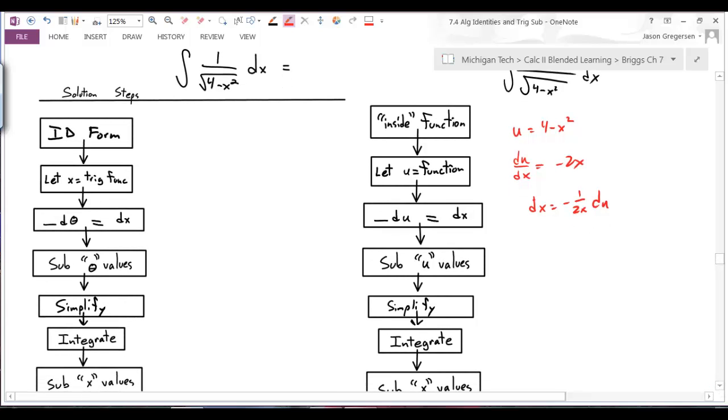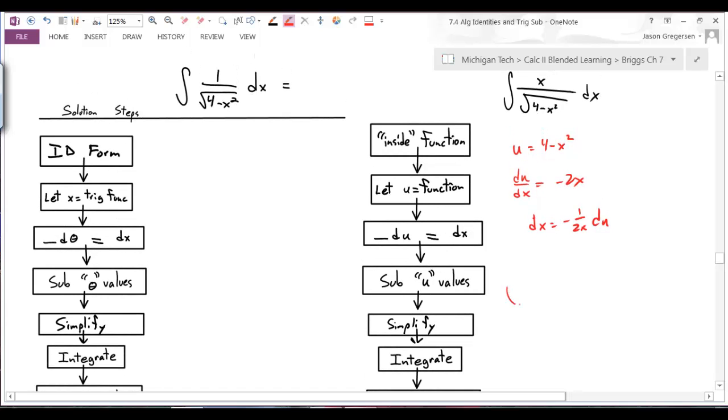And then I substitute in my u values. I get the integral of x over the square root of u, and then negative 1 over 2x du. My x's cancel. I finish out the rest of the process. But the idea here is that we look at this integral and say, oh man, all this stuff in here is tough. I don't know how to deal with all this stuff. So I'm going to get rid of all the hard stuff by replacing it with u.